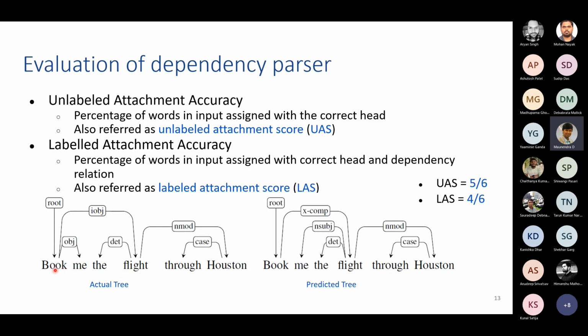For book, again it's a root. So this is the actual tree and this is the predicted tree. Let us look from this predicted tree. For book, anyway, it's the root, so there will not be any specific head word, or the head word is null.